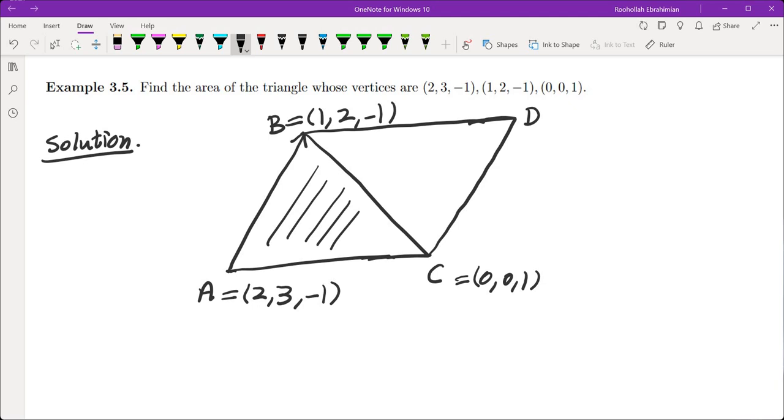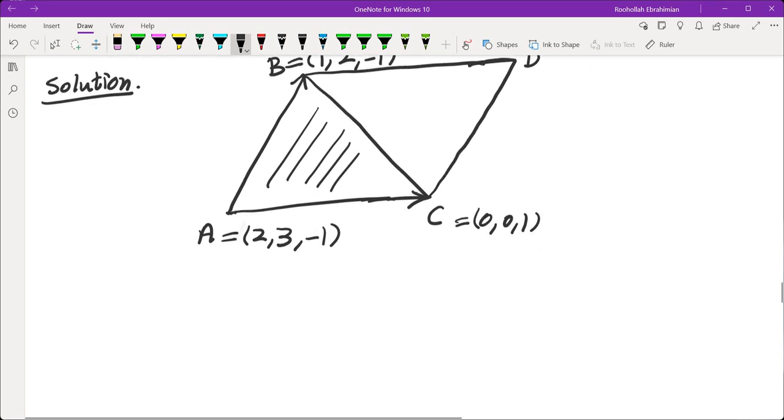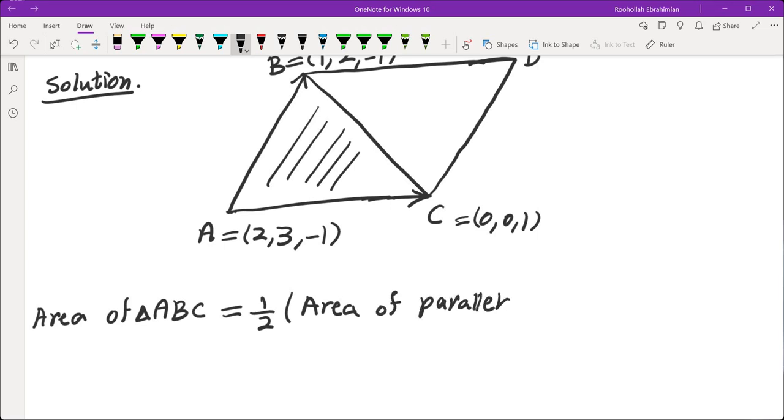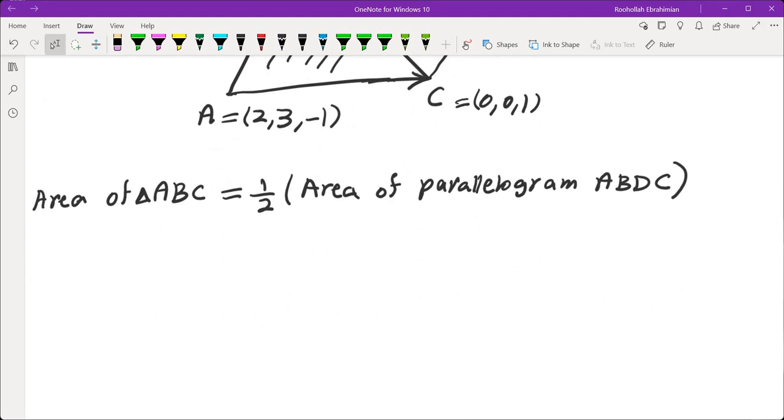So we look at this vector, we find the magnitude of the cross product. That would give us the area of the parallelogram, and then we divide that by 2. So area of triangle ABC is equal to 1/2 area of parallelogram ABDC. In order to find the area of the parallelogram ABDC, we find the cross product of these 2.